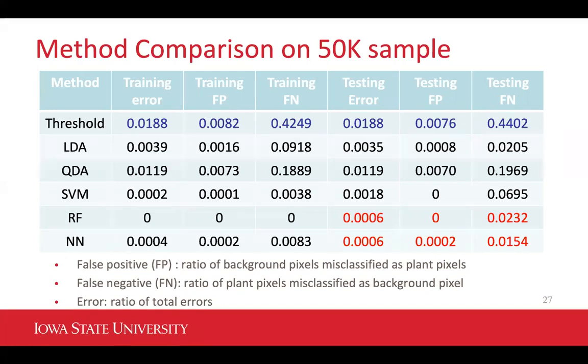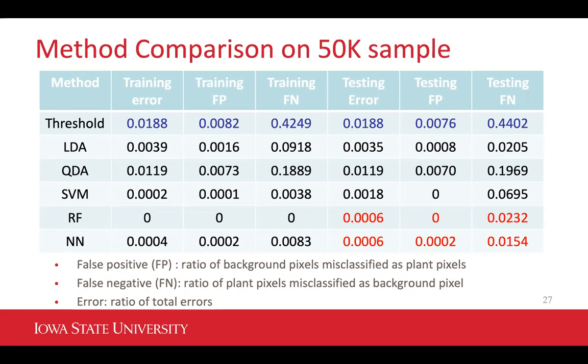So in our classification method, we choose to control false positive to be small because we do not want a lot of background noise in our segmented image that will heavily influence our calculation of plant height, plant width, and especially convex hull.